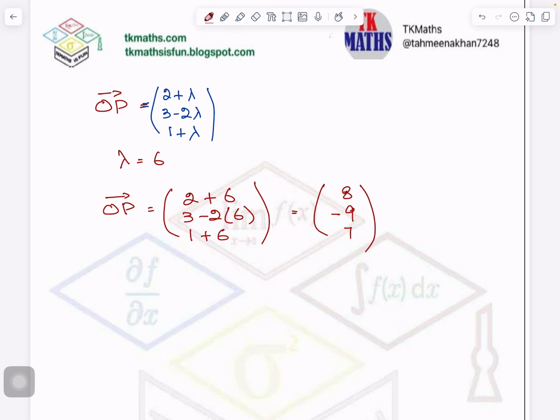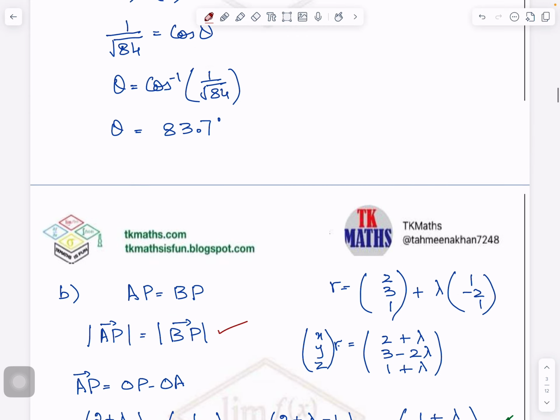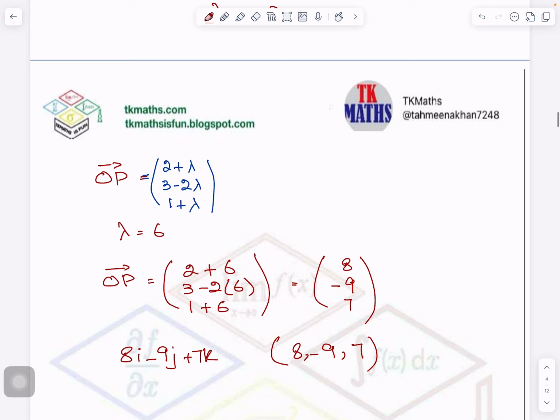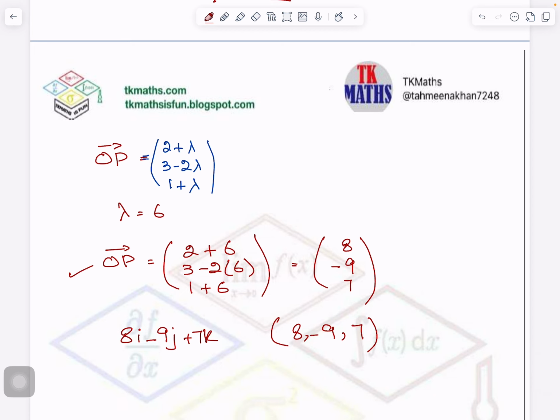So you can write it like this, or you can write it 8i minus 9j plus 7k. What was the question asking? Find the position vector. So we should write it in this form basically, because it is a vector form, or this one. This is not a vector form, the other one. Okay, so I hope you understood this question.